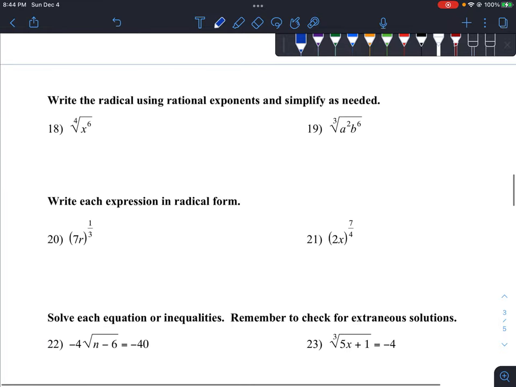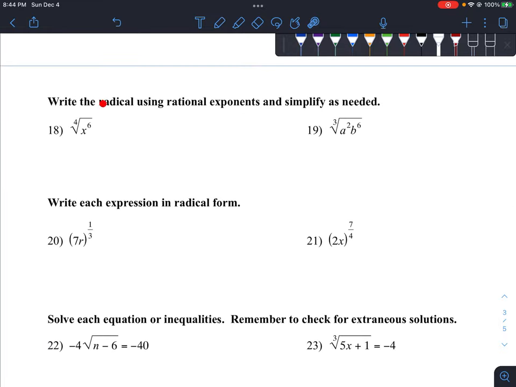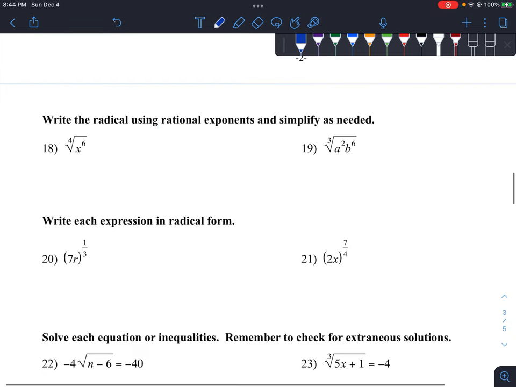Alright, 18, it says write the radical using rational exponents and simplify as needed. So there might be two parts right there, so watch out for that. What I do know is that the nth root of a to the m is equal to a to the m divided by n, so the index number becomes the denominator in a fraction.